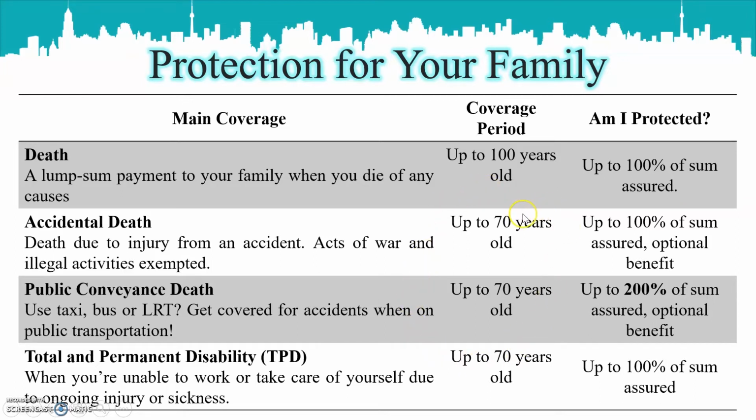And for the amount to be covered, death, accidental death, and TPD provide 100% of sum assured, while public conveyance death can provide up to 200% of sum assured, with optional benefit to be provided. Now I will pass to Chun Yee to further explain the additional benefits of this insurance policy.